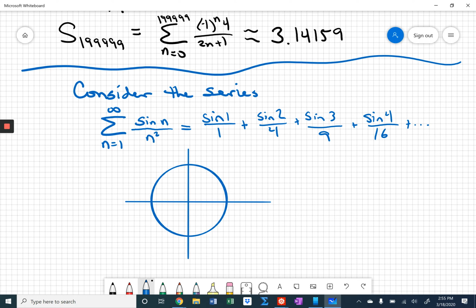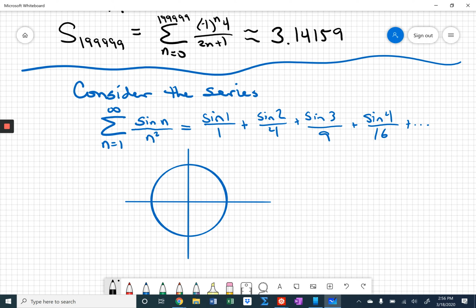So sine of 1. What is the sine of 1? Well, I'm just pausing so you can think about that for a moment. You may remember approximately what 1 radian is as a measurement, but if not, we're going to talk about it. It'd be worth thinking about all of these terms and seeing if they're positive or negative and how the pattern is determined.